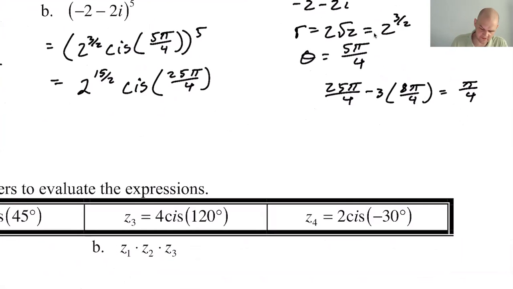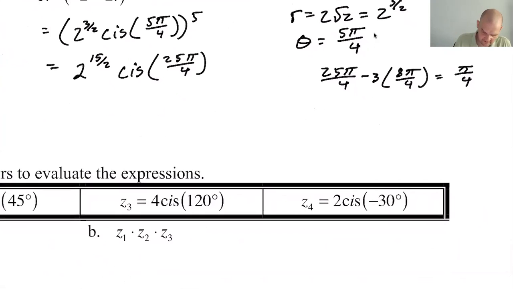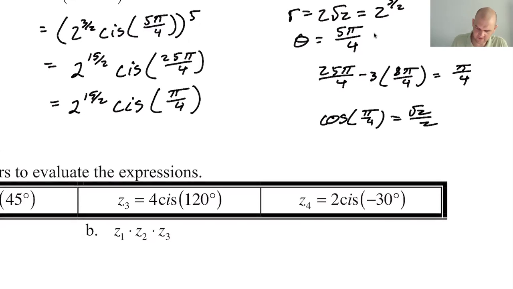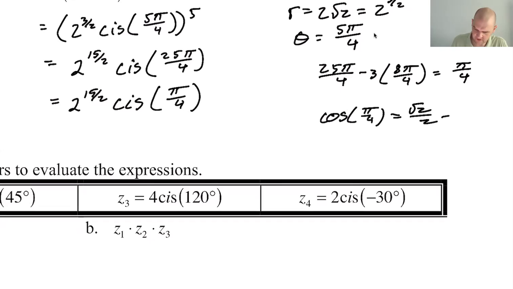Okay, so this is 2 to the 15 halves cis pi over 4. The cosine and the sine of pi over 4 are both root 2 over 2. What I'm going to do is kind of weird. I'm going to rationalize the numerator and say this is 1 over root 2, or 1 over 2 to the 1/2.